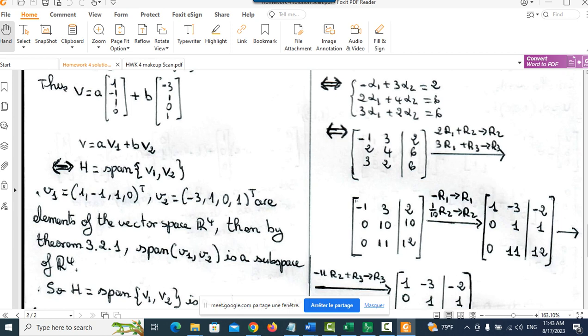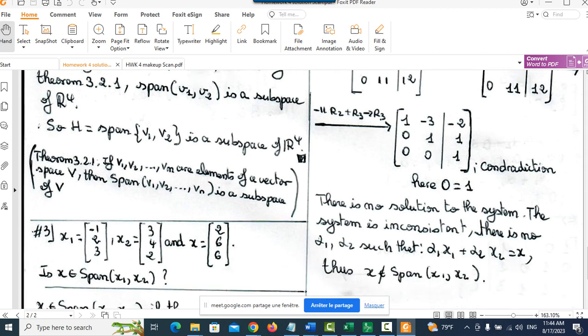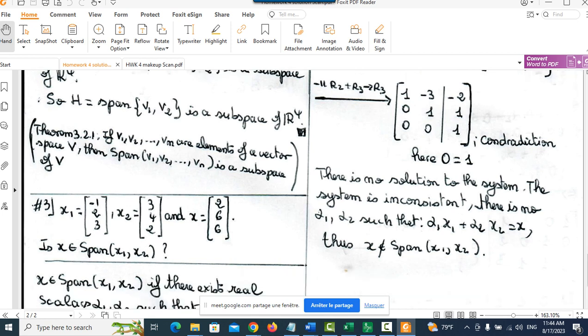So indeed H is the span of V1 and V2, which means that H is a subspace of R4. So it's a matter of knowing the theorem and also knowing how to apply the theorem. One thing is to know the theorem, the other is to know how to apply it.